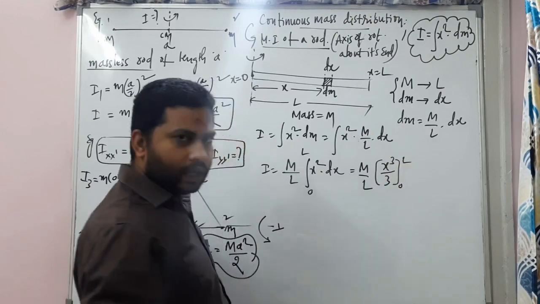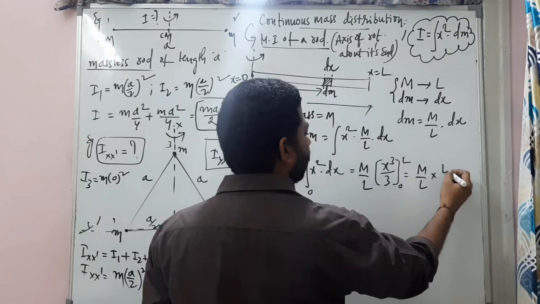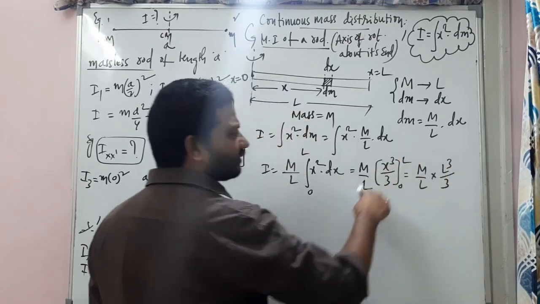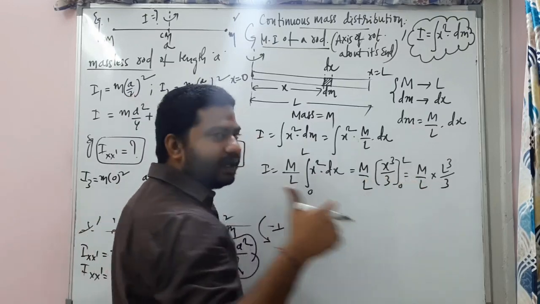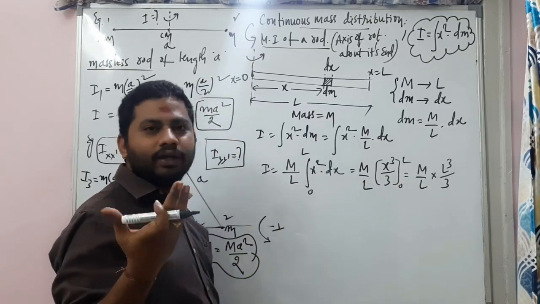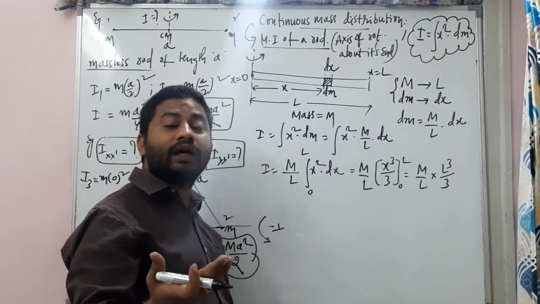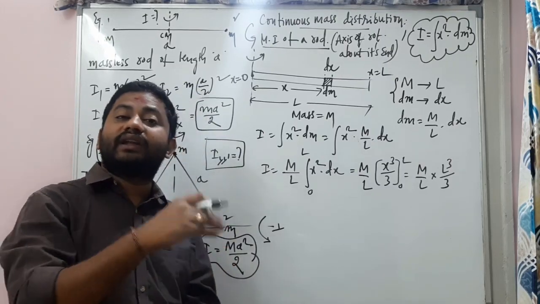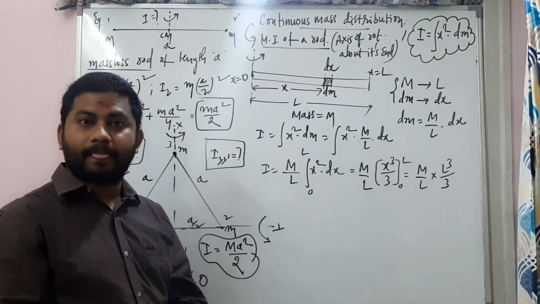So once again, m by L into L cube by 3 when the limits are substituted. Go back to your classes and listen to integration videos, or look at the integration applications wherever it has come.